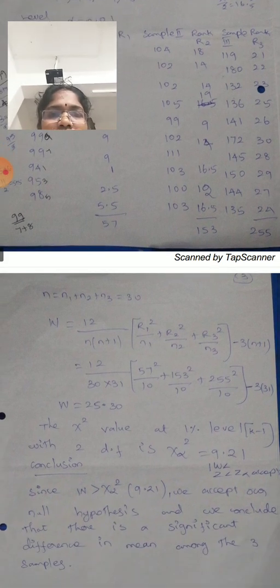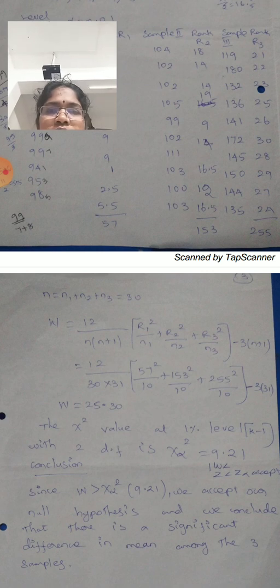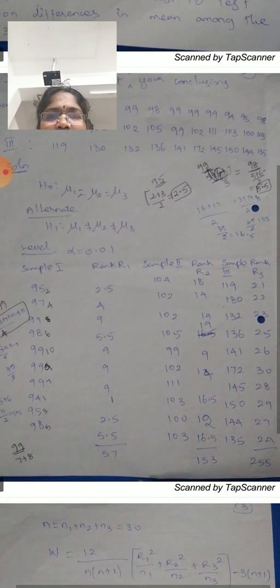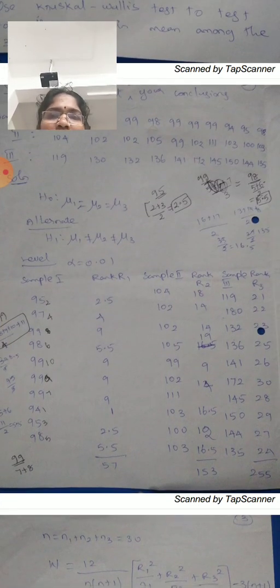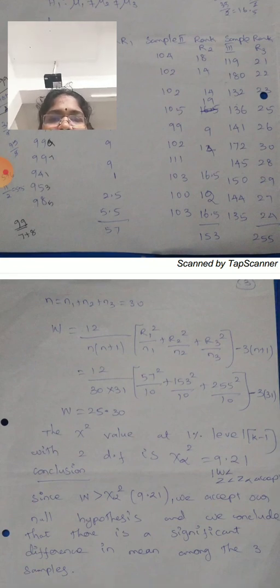Here the n value: sample 1 has 10 values, sample 2 has 10, sample 3 has 10. Therefore n equals 30 values.